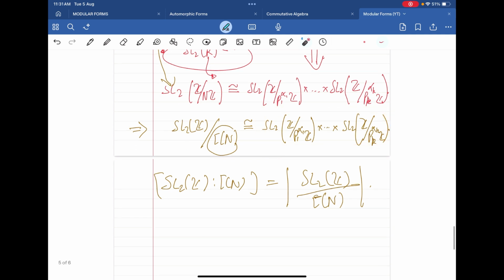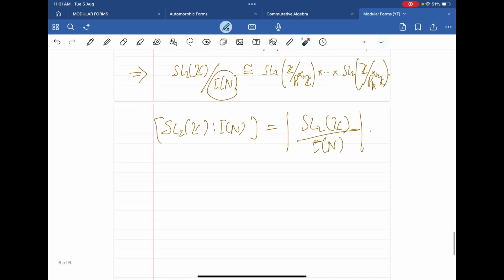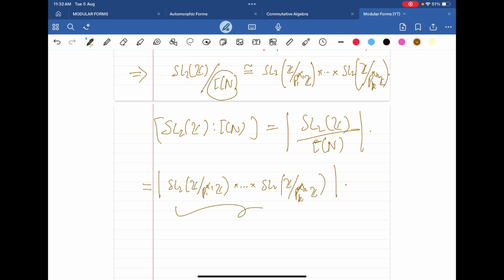So all we need to do is find the cardinality of SL2(Z/p1^alpha1 Z) times ... times SL2(Z/pk^alpha k Z).